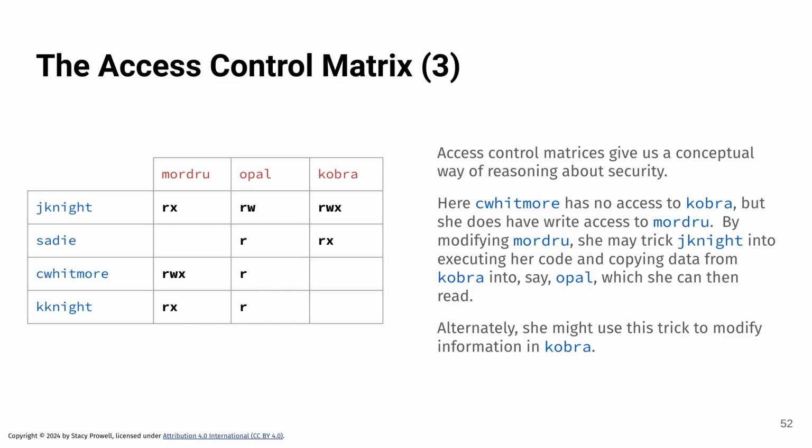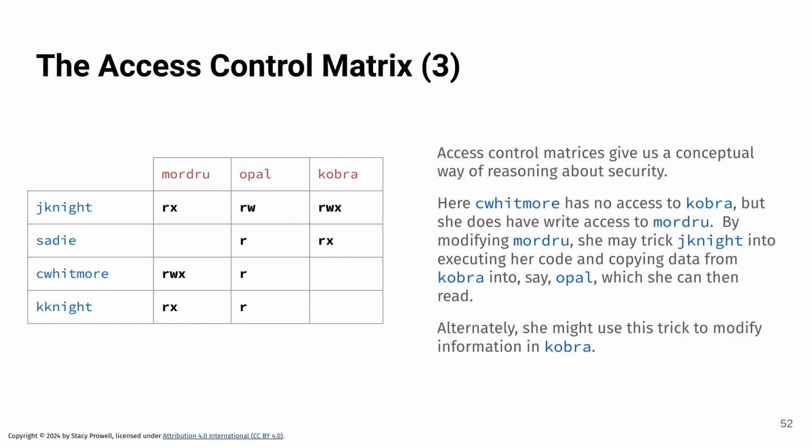So if C. Whitmore modifies Mordu, JKnight executes Mordu. JKnight also has read, write, and execute access to Cobra. Perhaps C. Whitmore can modify Mordu so that when JKnight runs it, it moves data from Cobra into, let's say, Opal. And Whitmore can read Opal. So here we have a case where Whitmore has no access to Cobra, but is able to read the contents of Cobra by mirroring it through something that she can read, like Opal.